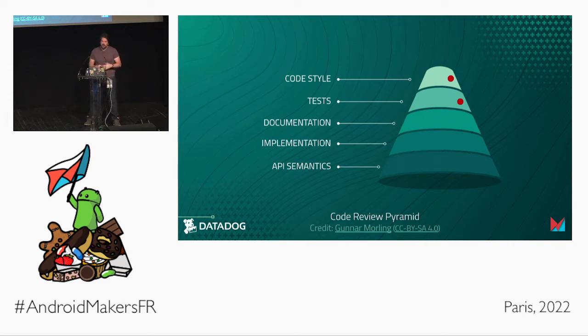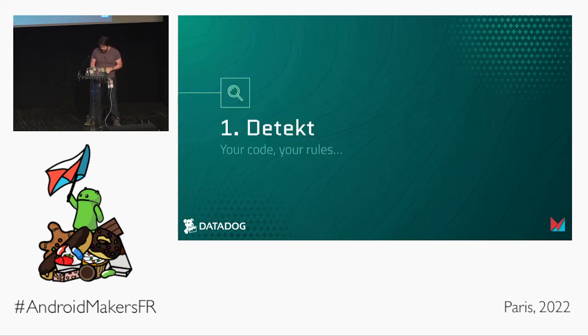And for the code style, we have a lot of tools, like ktlint for Kotlin, and we have PMD and Checkstyle for Java code to make sure that we follow some standards. But we can also use the CI to run some work to check the documentation, the implementation, and the API semantics. And this is what we're going to be talking about today.